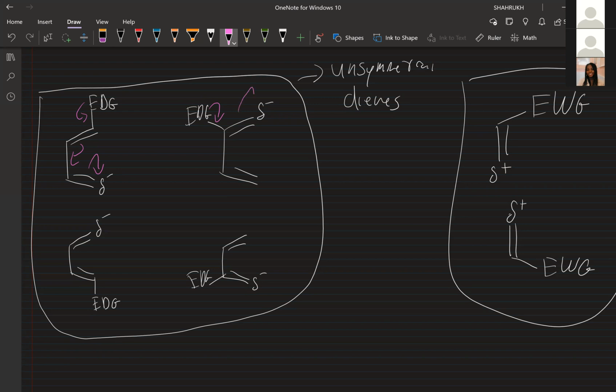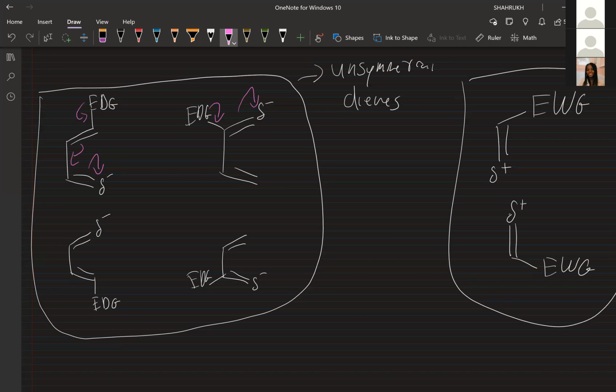This is a double bond, so they will push onto the carbon on the same side. So when it's on this internal position, an electron donating group like OMe, OH, or OR groups, whatever groups they might be, the carbon that's next to it will be partially negative.